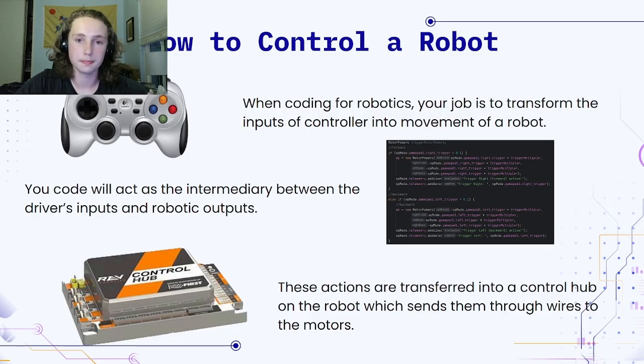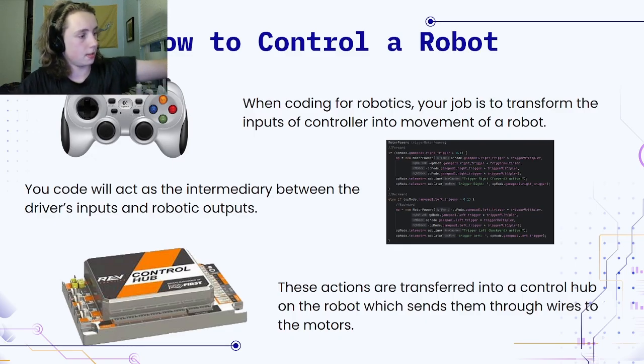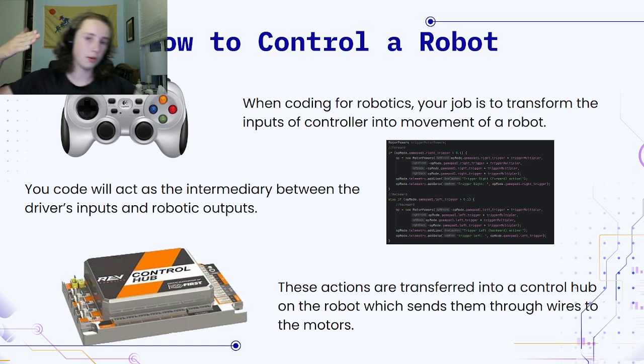This is how to control a robot. Now, in robotics, the controls department, also known as the programming department overall, is in charge of coding the robot in the generalized sense, but more specifically, you have to transform the inputs from a controller, like this one, into the movement of a robot.